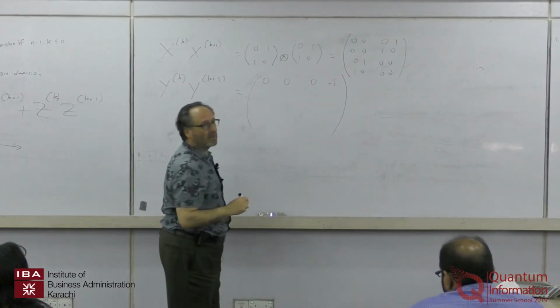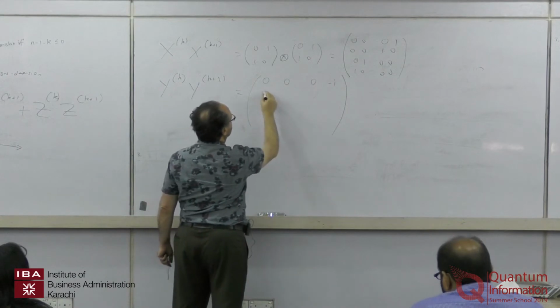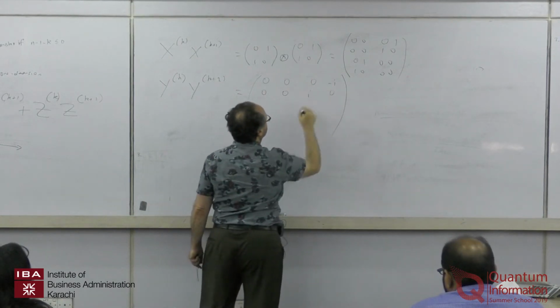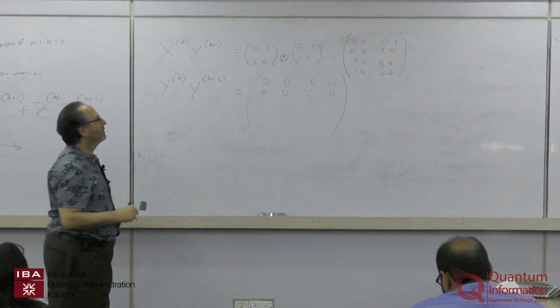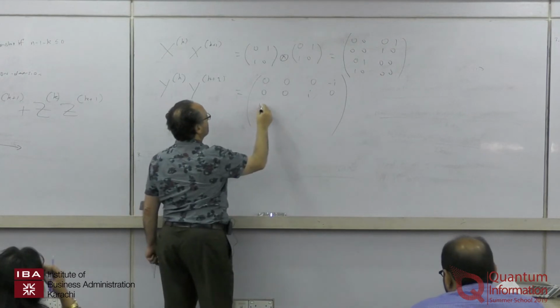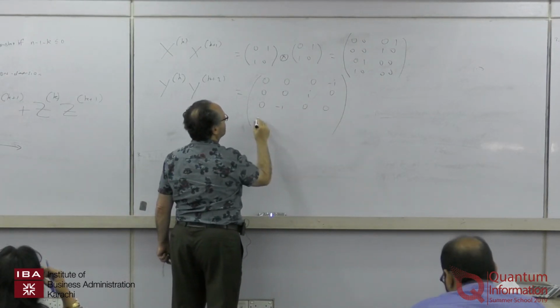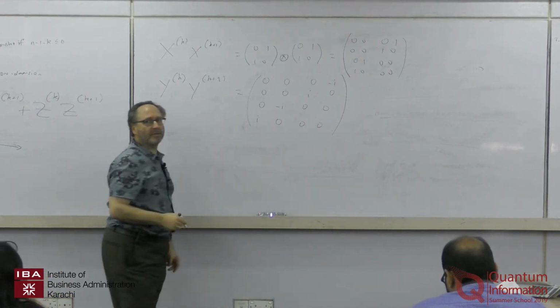Next row. Is that right? 0, minus i, 0, 0. You said minus? Plus i, 0. Okay, does everybody think that's right?